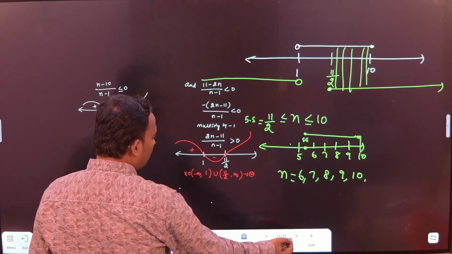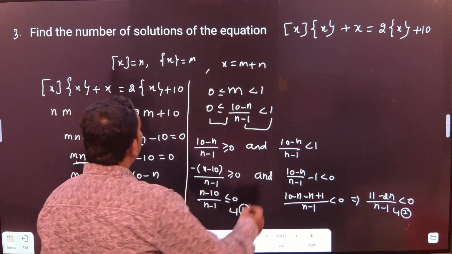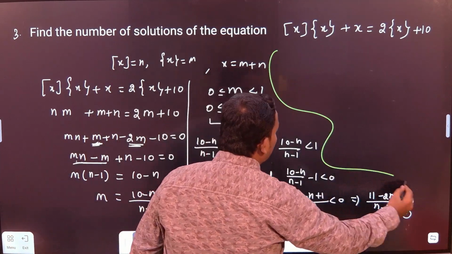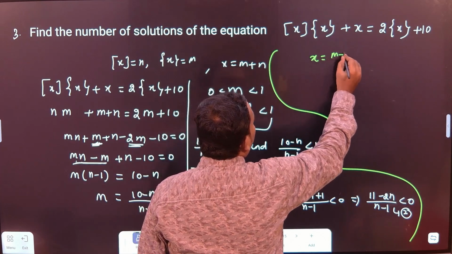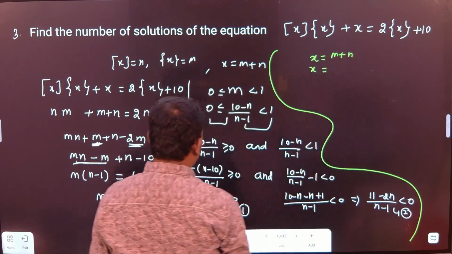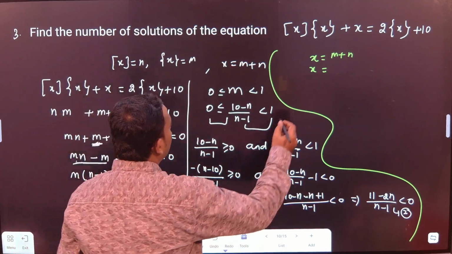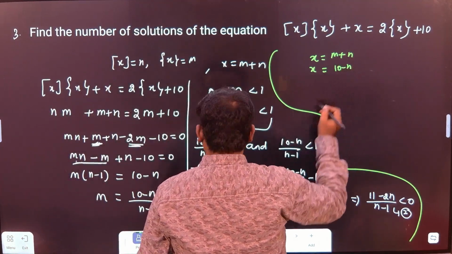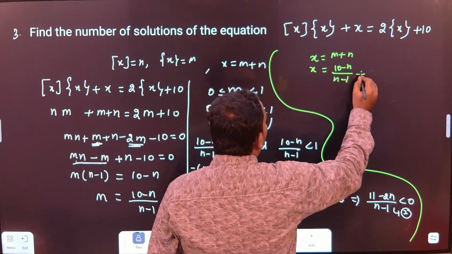Let me start with the equations here. We need x values, right? I will solve here. So x is what? m plus n, right? What is m here? You can see we got m here is 10 minus n divided by n minus 1, plus n.